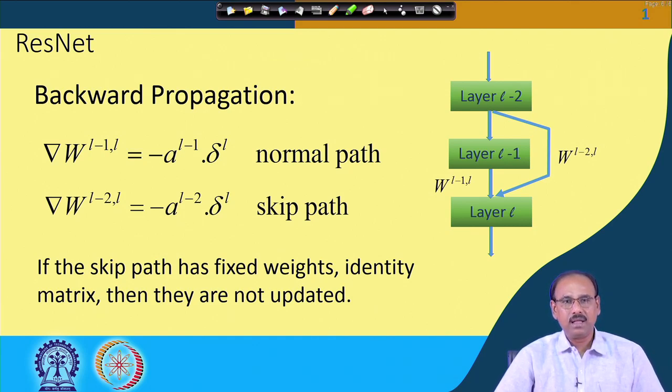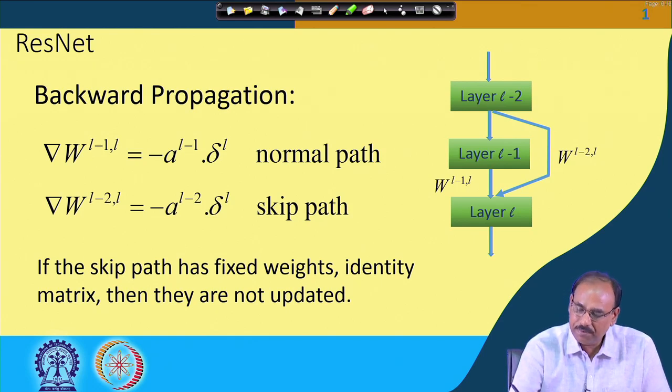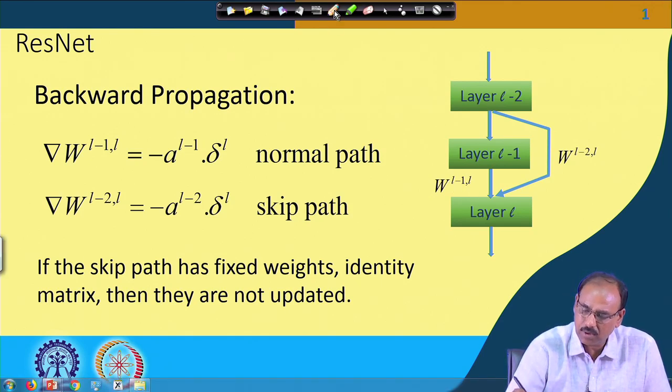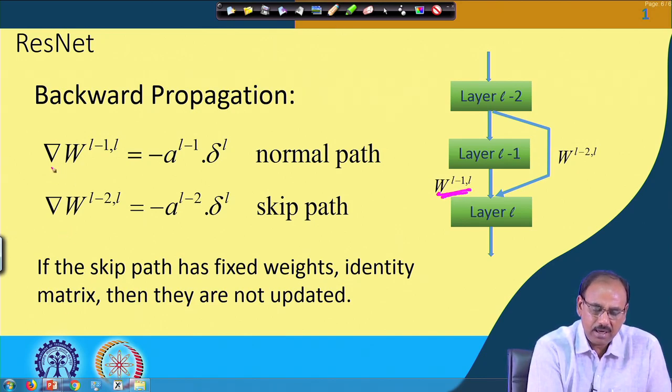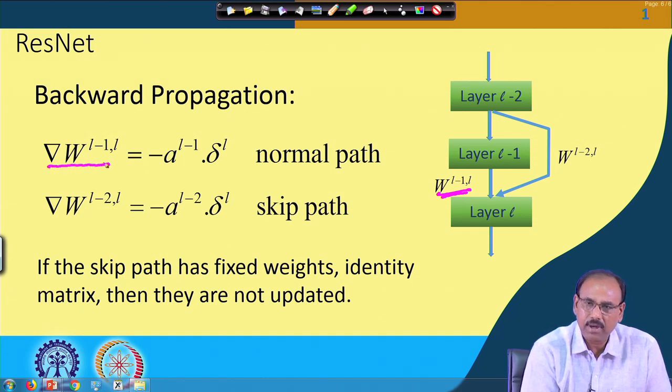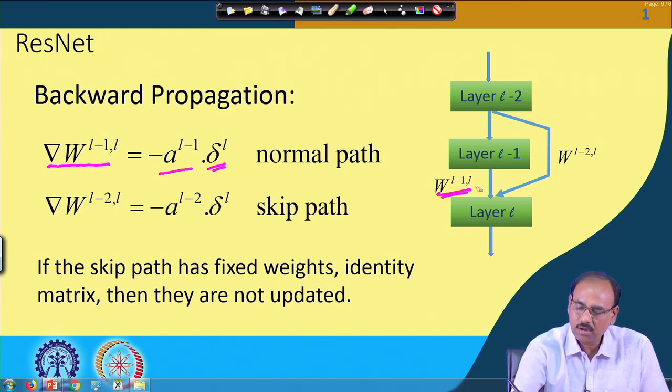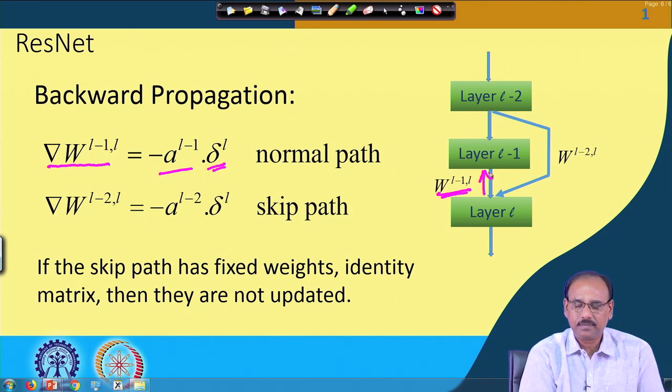One is the update of the weights W L minus 1, that is the update over here, given by delta W L minus 1 L, which is minus A L minus 1 times delta L, and that is what flows through the normal path.